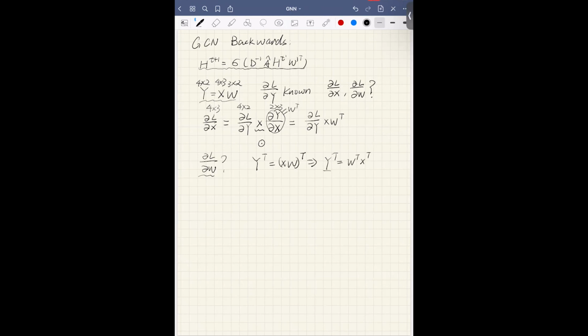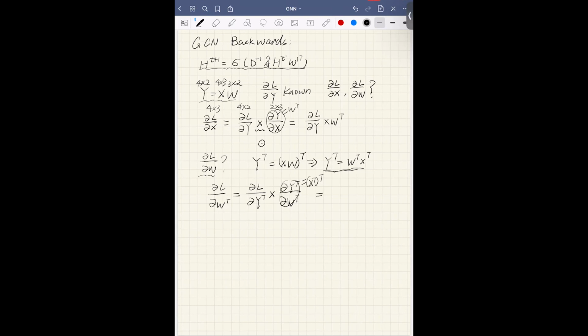And with these equations, we can first write the d loss over dw transpose equal to d loss over the y transpose multiplied by dy transpose dw transpose, and this term will be equal to x transpose transpose.